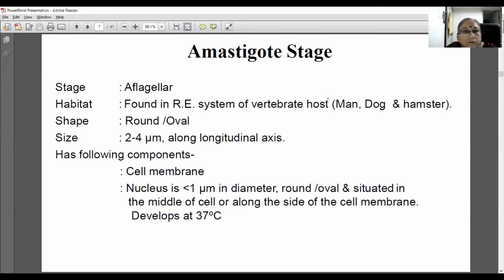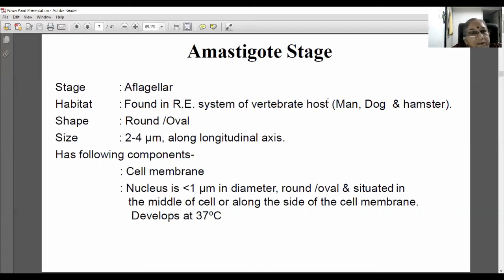Now, the mastigote stage is a flagellar stage, and this is found in the RE system of the vertebrate hosts, being man, dog, and hamster. The shape is round to oval.